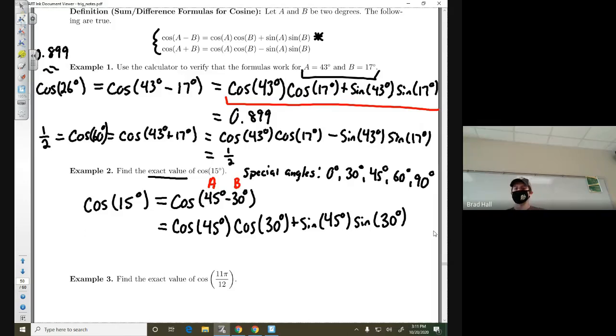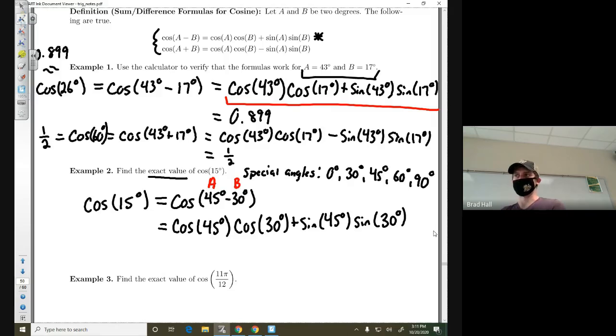Notice now we have broken down this problem into a collection of trig values that pertain to special angles. So if I go through these one at a time, and I mentioned this in the previous chapter, if I type cosine of 45 in the calculator, I get 0.707.